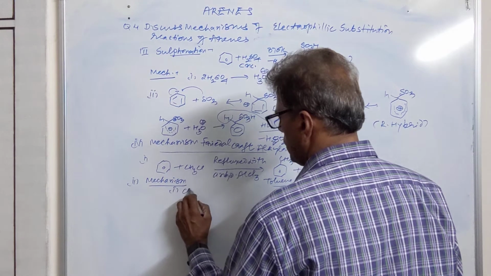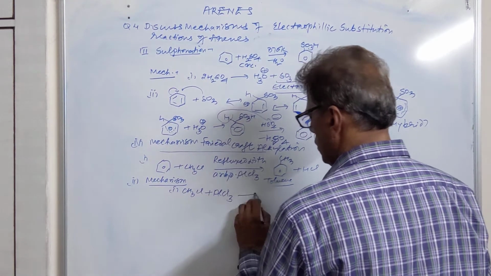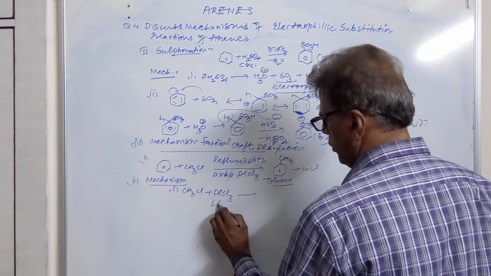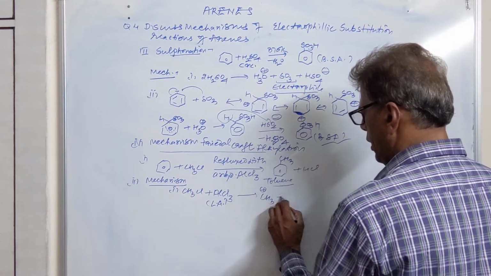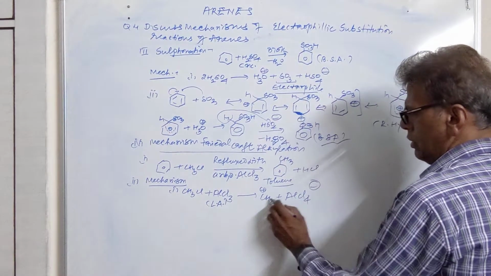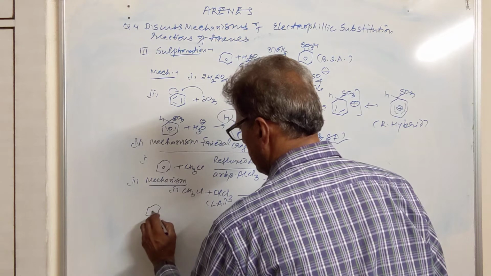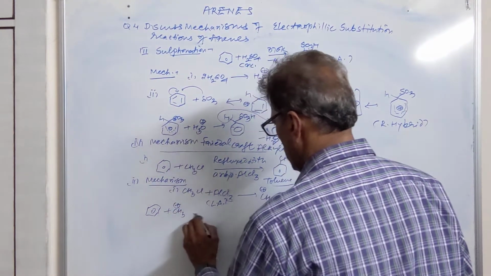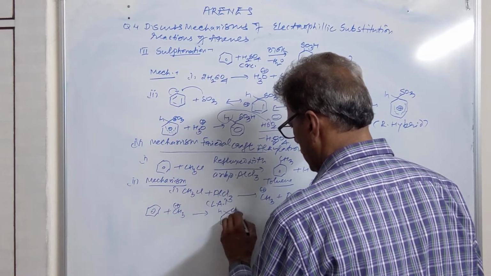In the first step, CH3Cl combines with Lewis acid AlCl3. This is a Lewis acid, it accepts chloride ion from here, giving you AlCl4 negative. This methyl carbocation will now attack the benzene ring as done by the other electrophiles.